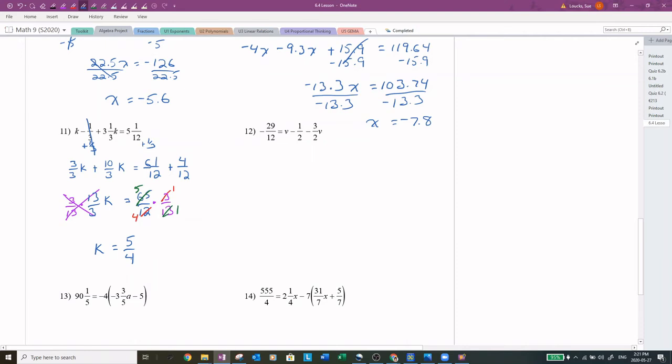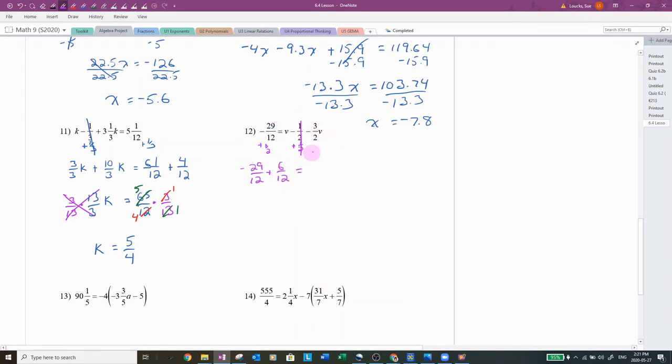Over 12. Very similar, actually. So I'm going to add the 1/2 to cancel that out, and I'm going to add the 1/2 on this side. And then I've got negative 29 over 12 plus 1/2, but I'm going to write that as 6 over 12.